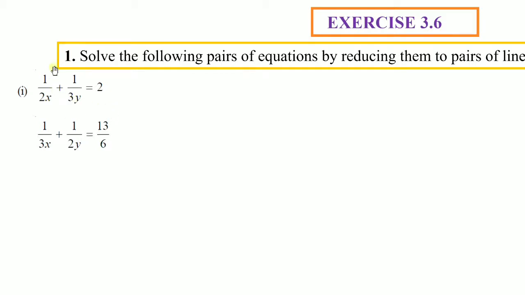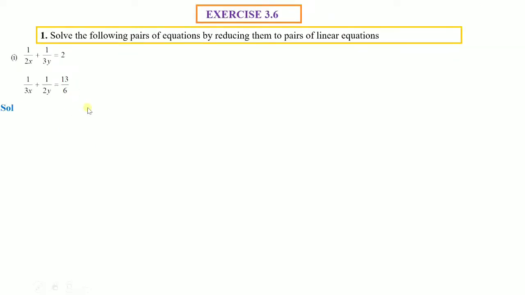What we are going to do is substitute 1 upon x with something like a, b or p, q, whatever you wish. So let us start the solution. Let 1 upon x be equal to p, and 1 upon y be equal to q.